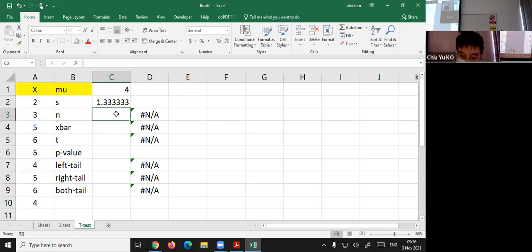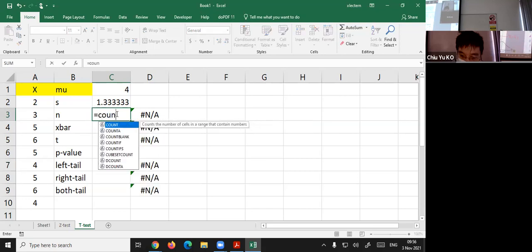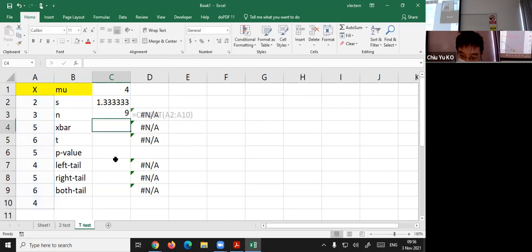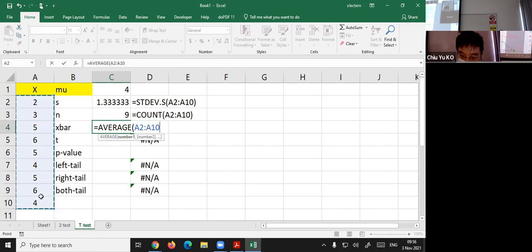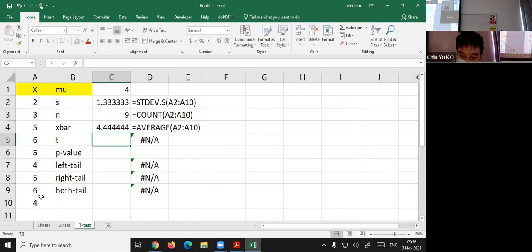So I just do the n first. Oh, I should open this one. Next the bar should not be difficult, just the average.